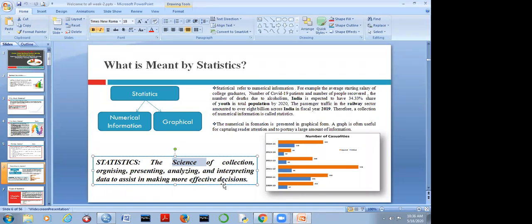Why is data required? When I was a student, one thing about management was said: money is the lifeblood of the organization, just like blood works in our body, same money works in the organization. But in a modern definition of management, data and information is the lifeblood of the organization.